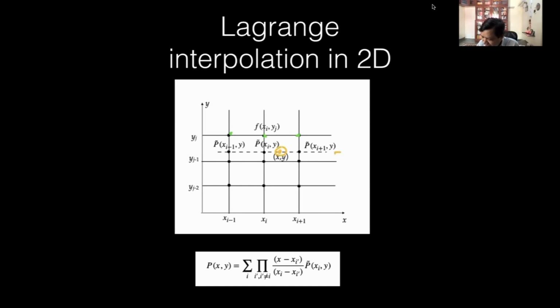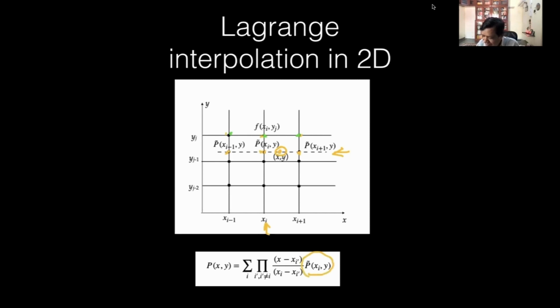I'm fixing y here, and I take the values of the function at xi. Remember xi. I have these values of the function at these grid points. Well, we don't know that value because values are given only at the grid points, but let's assume that these values are p tilde xi y.